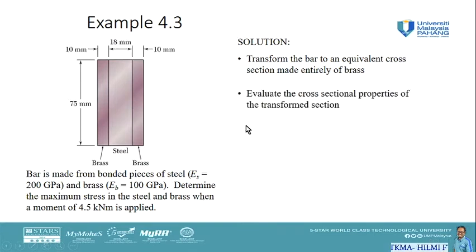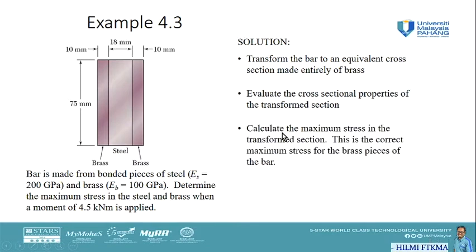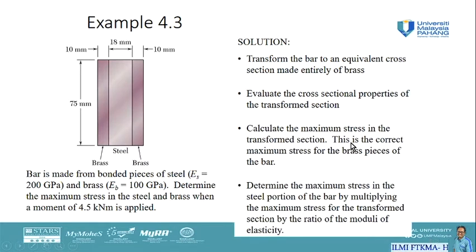Then we need to evaluate the cross-sectional properties of the transformed section. Then we calculate the maximum stress in the transformed section, and this would be the correct maximum stress for the brass piece. Then to find the maximum stress in the steel portion, we need to multiply by the ratio of the Young's modulus, EB over ES.